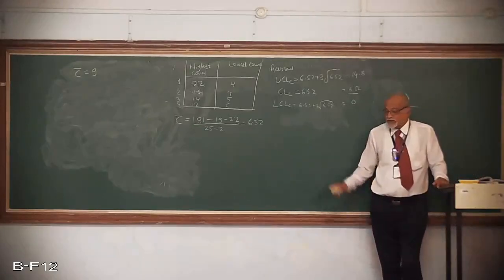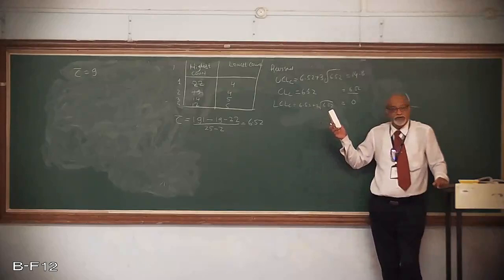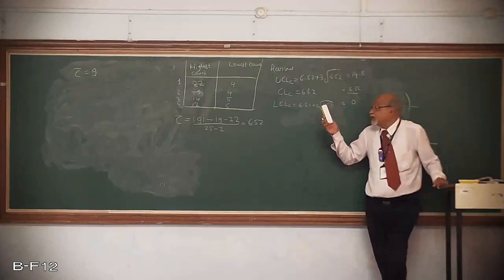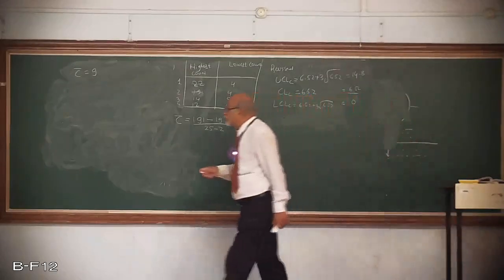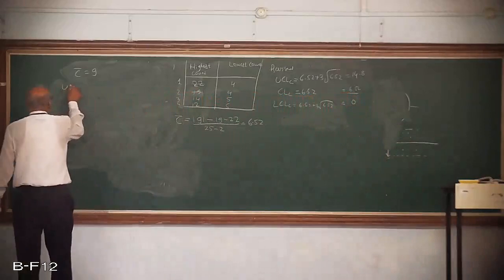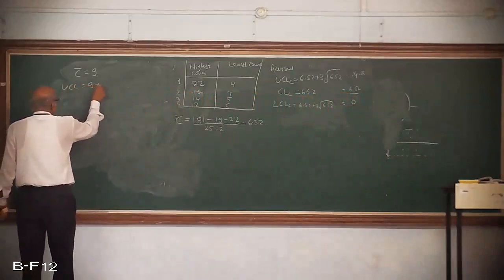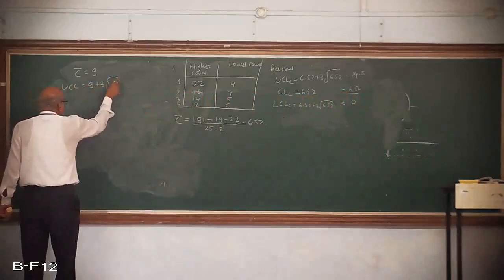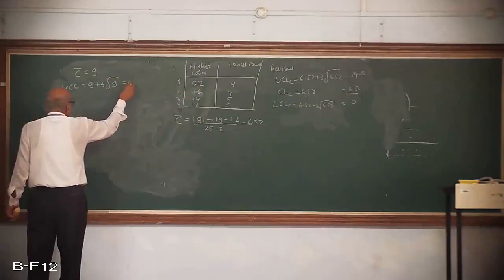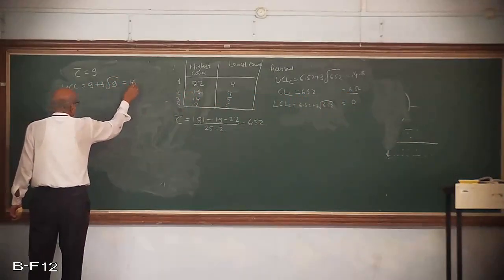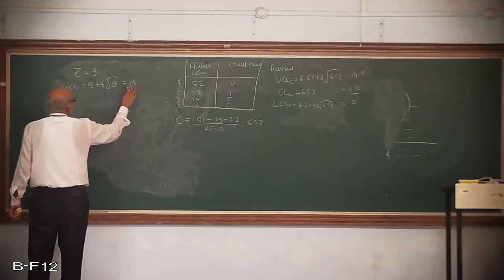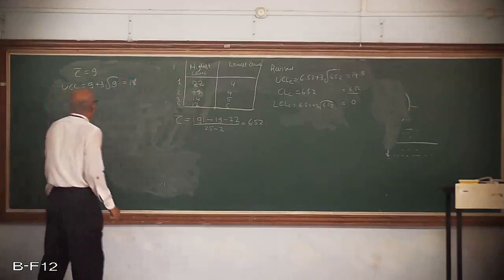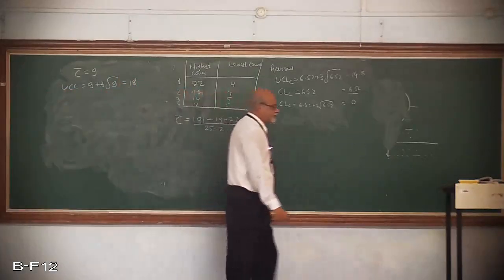Okay. So let us find out the upper control limit and the lower control limit. It becomes very easy because he has given C bar is equal to 9. So the upper control limit works out to be how much? 9 plus 3 square root of 9. So this is equal to how much? It works out to be 18.